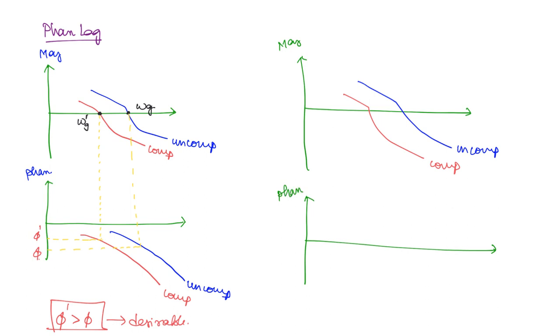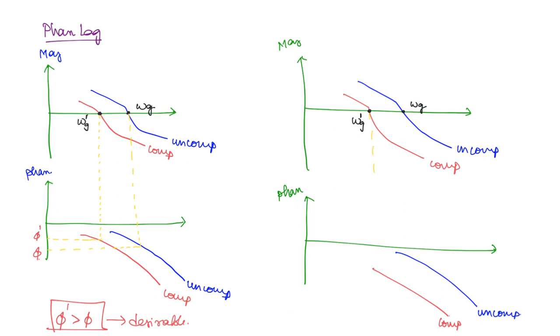Now the uncompensated case, if you draw like this, the compensated case, you are going to draw a little farther away. So this is the compensated and this is the uncompensated case. Now we have the gain frequency of the compensated system here. This is the uncompensated system.